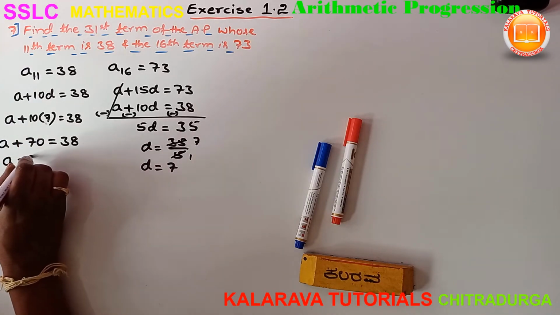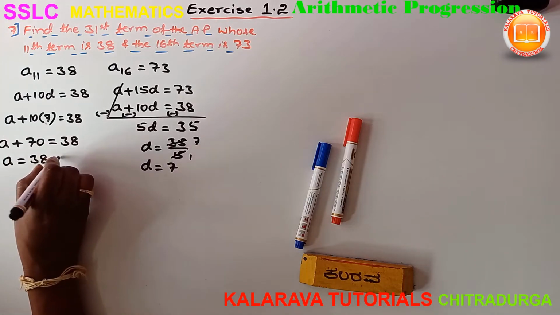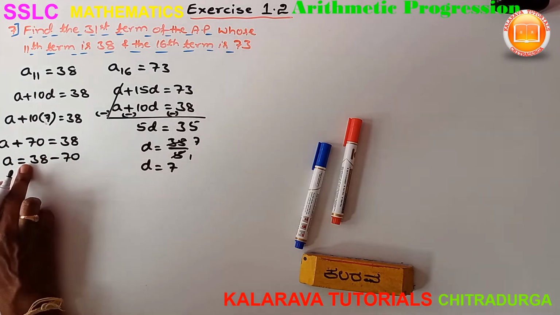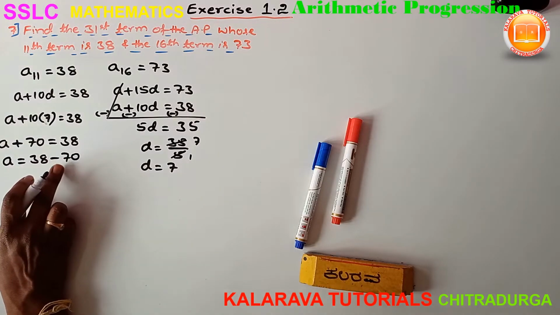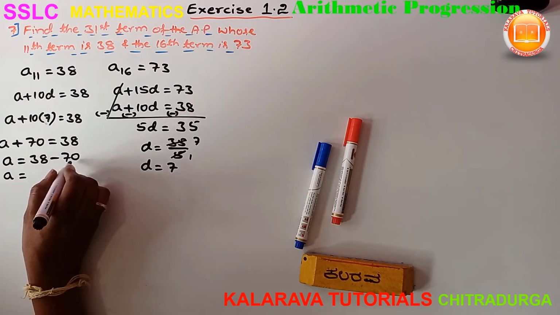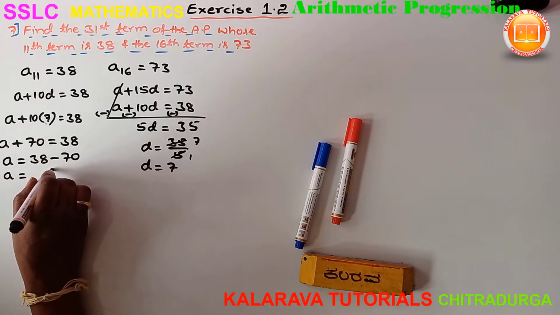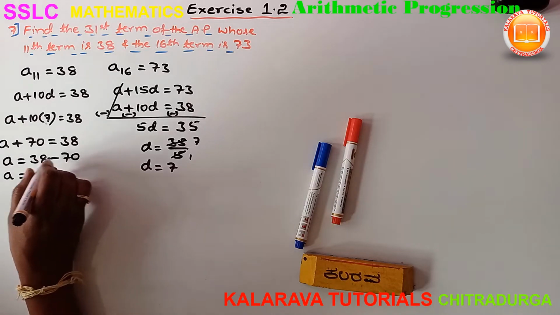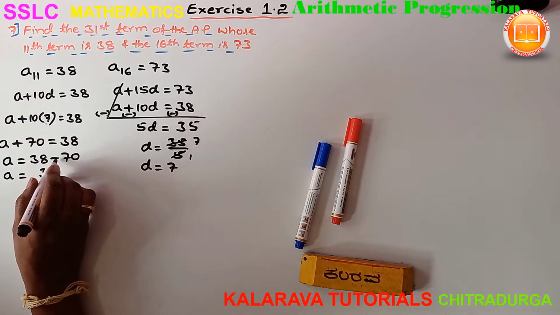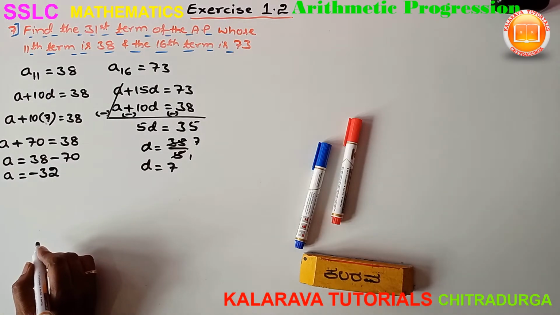A is equal to 38 minus 70. When we subtract 38 from 70, we get 10 minus 8 which gives 2, and 6 minus 3 is 3, so 32. The greater number has the minus symbol, so A is equal to minus 32.